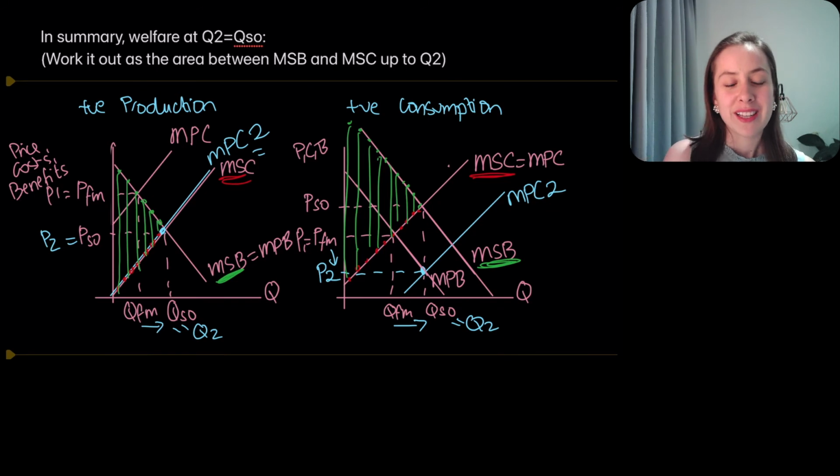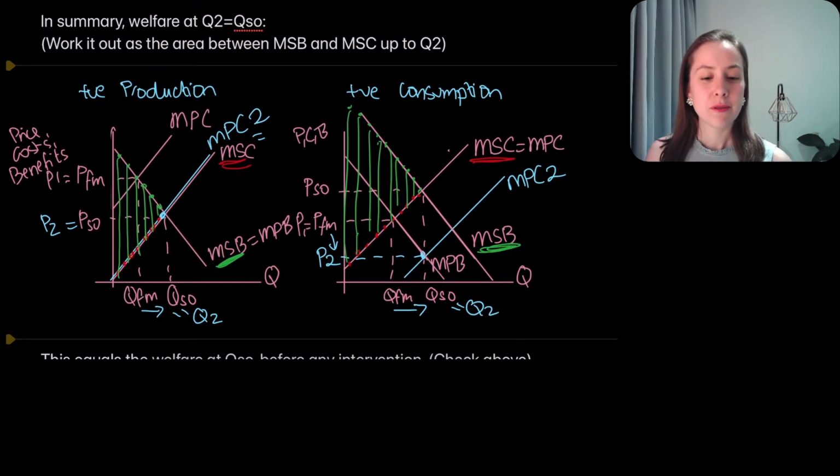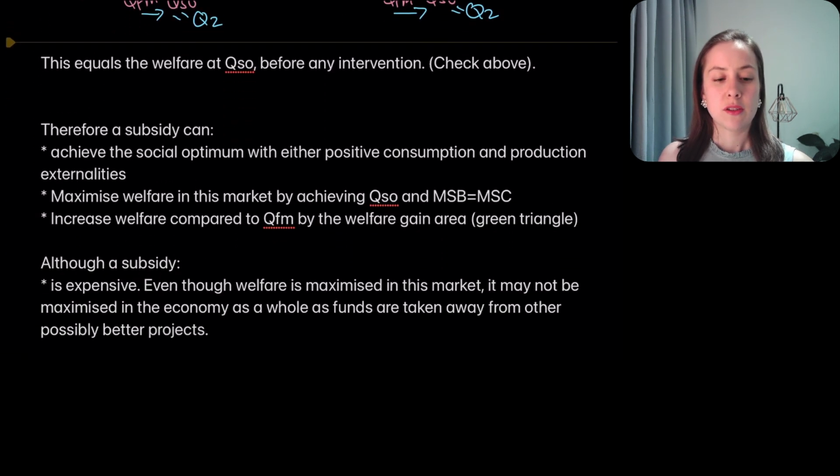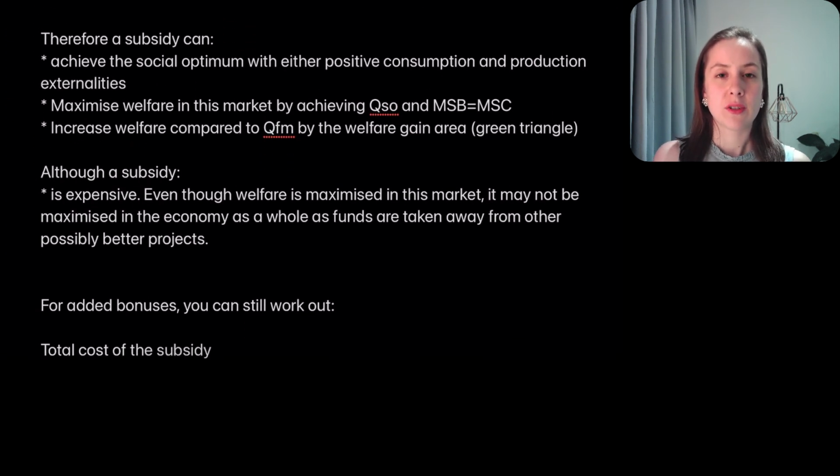To prove that the welfare here is higher than before, I've done the same steps as I did before. I shaded in the difference between the MSB and the MSC, and if you scan your way back up, or actually maybe I pasted that in below, it's the same area as the welfare at QSO. So that just double confirms this to you. So in summary, a subsidy can achieve the social optimum.